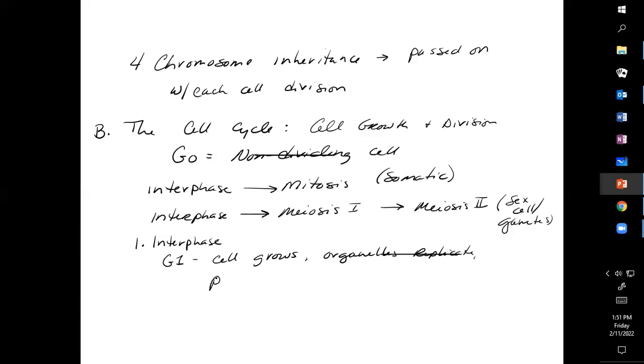So there's protein synthesis, and particularly proteins that are going to be involved in DNA replication. Those recipes in our genome that code for proteins involved in DNA replication start to really be expressed in G1. In G1, there's also a signal that needs to be sent to the cells to say, hey, let's progress now into the next phase. We won't really talk about that, but there's a G1 checkpoint.